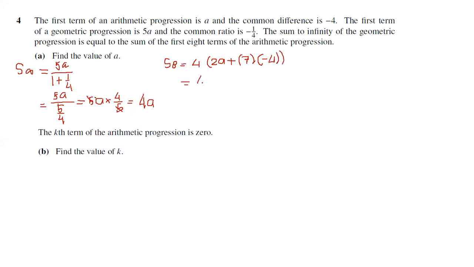And it's going to be 4 times 2a minus 28, so 8a minus 112.